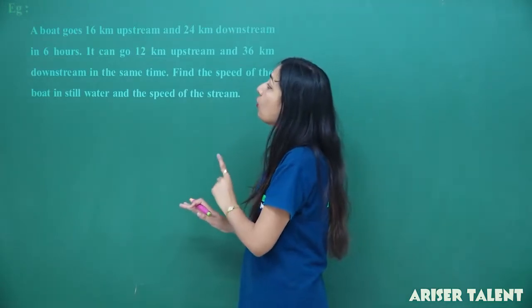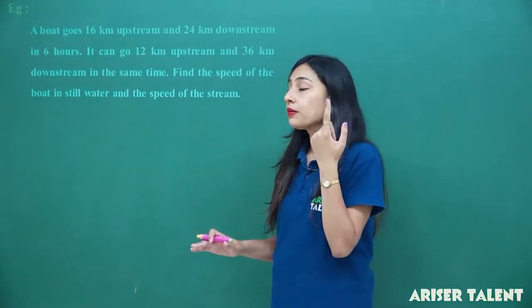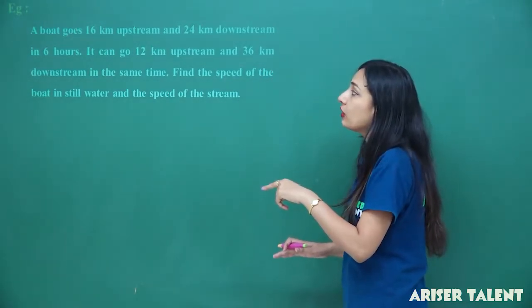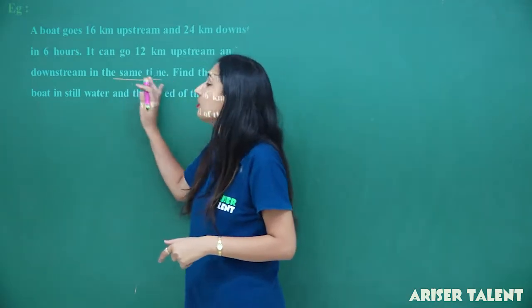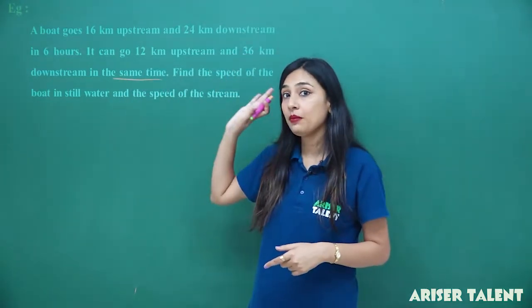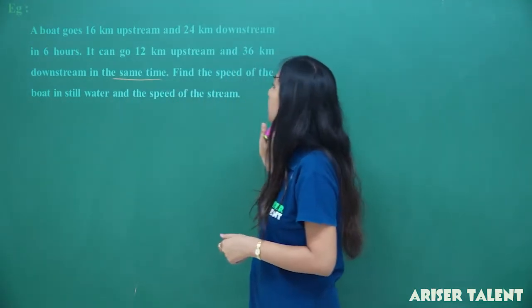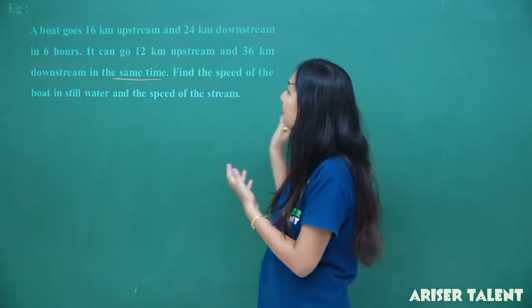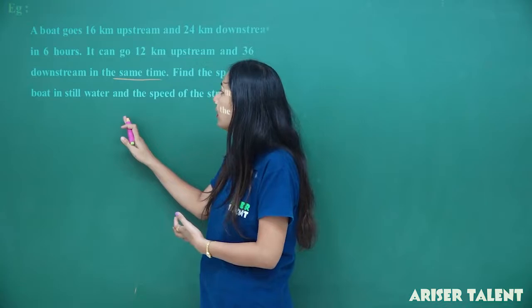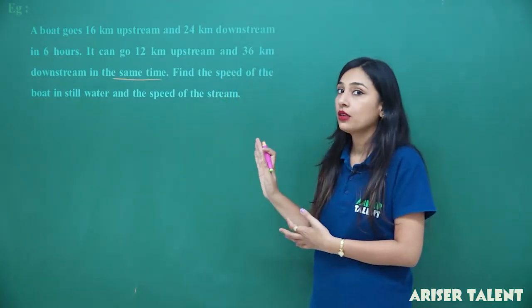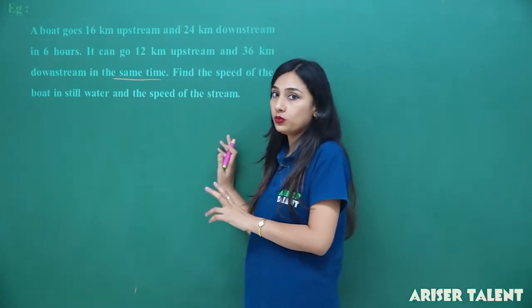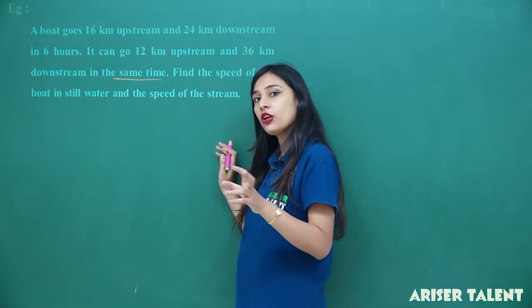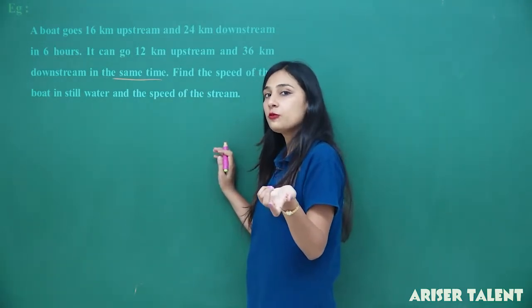Now, it can go 12 kilometers upstream and 36 kilometers downstream in the same time. This is the punch: same time, time is given the same. Find the speed of the boat in still water and the speed of the stream. You have to find these two. Boat in still water is basically the speed of the boat.